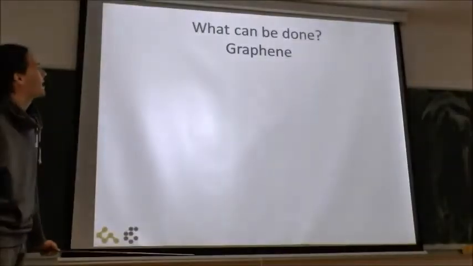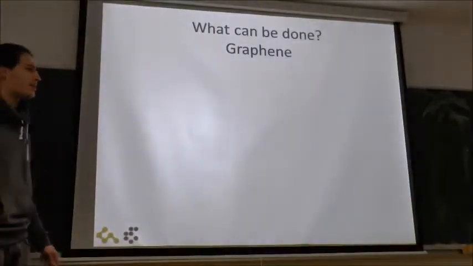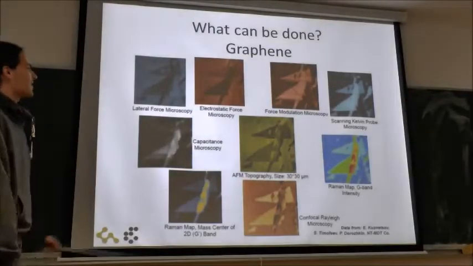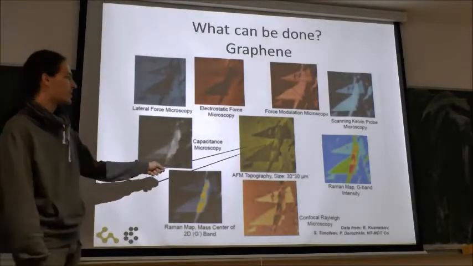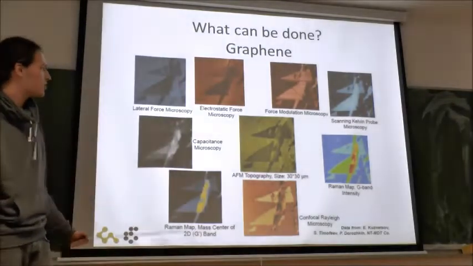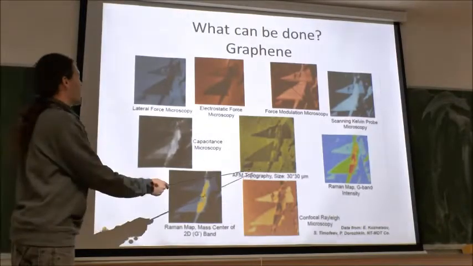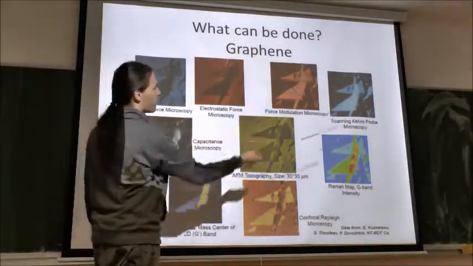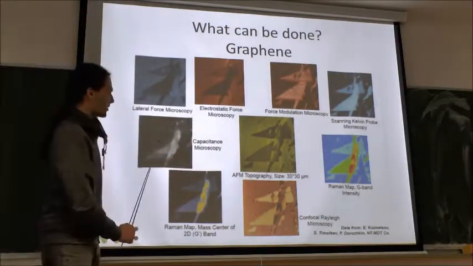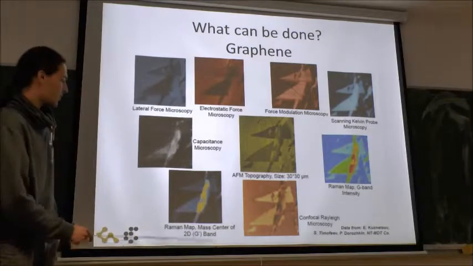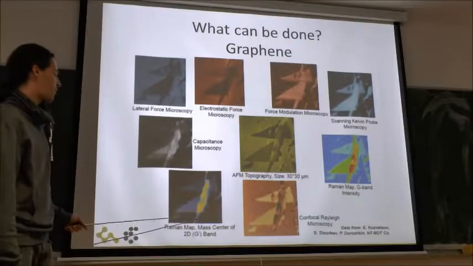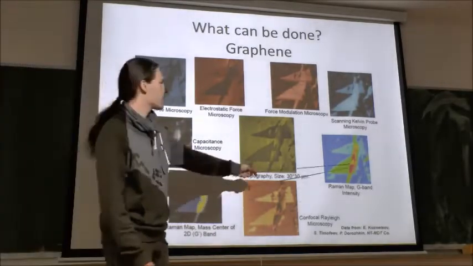So now I will show some pictures of what can be done. First of all, graphene. This is the topography. It's a 30 micron size image, and we can do different types of AFM microscopy, and of course at the same time we can do the Raman map, and we can extract different bands in this Raman spectra.